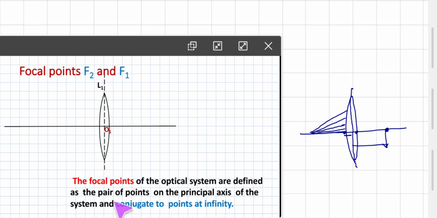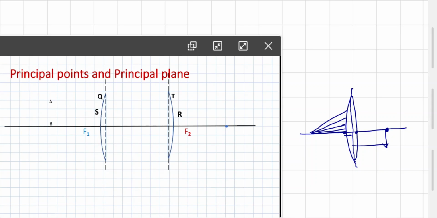So this way these points are called conjugate points. Here, rays coming from infinity parallel meet at F2, then emerging from F1 they go to infinity. So that is why these are called conjugate points.